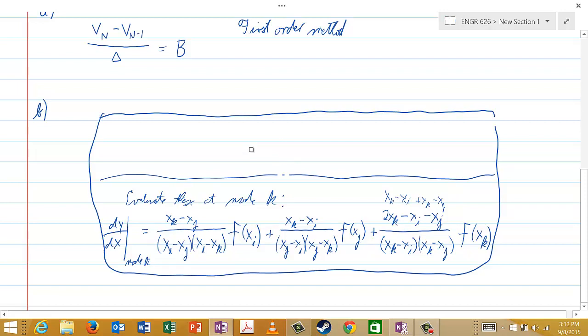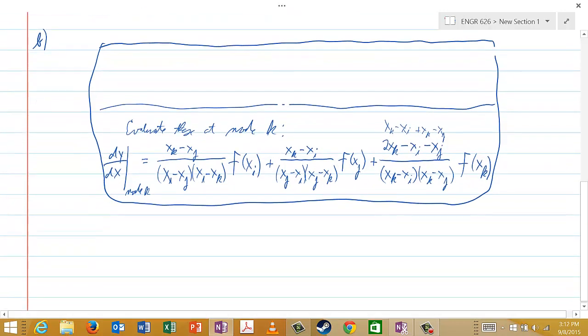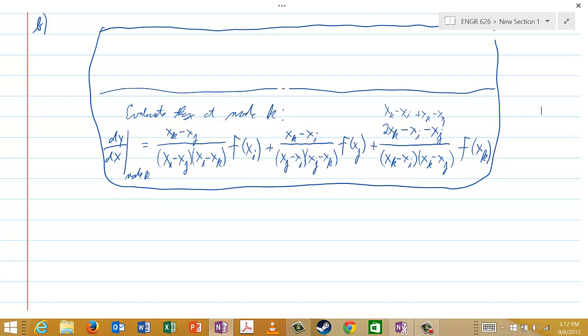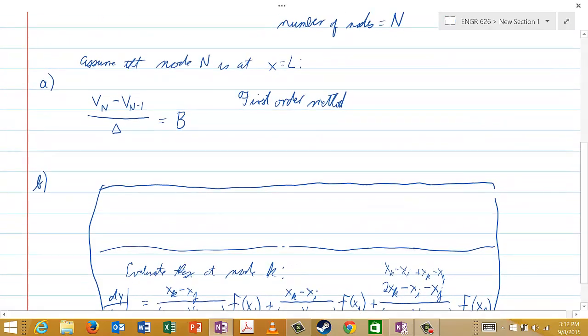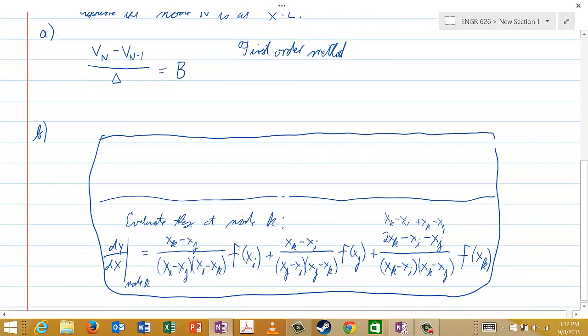So for the second method, I want you to use this formula, which is a more accurate way of approximating the derivative at node k than is the formula we had in part A. Let's make sure it's very clear how you're going to use this formula.